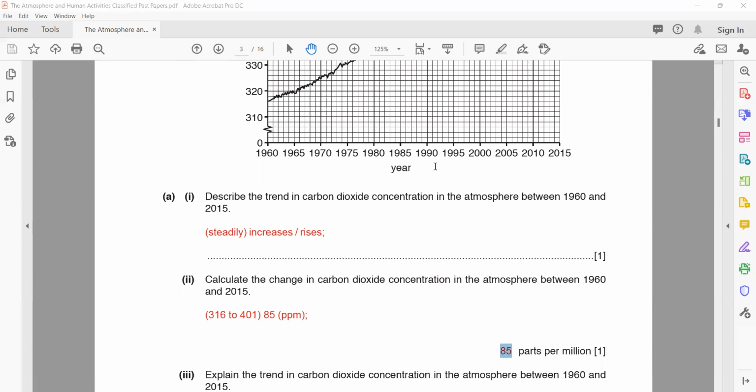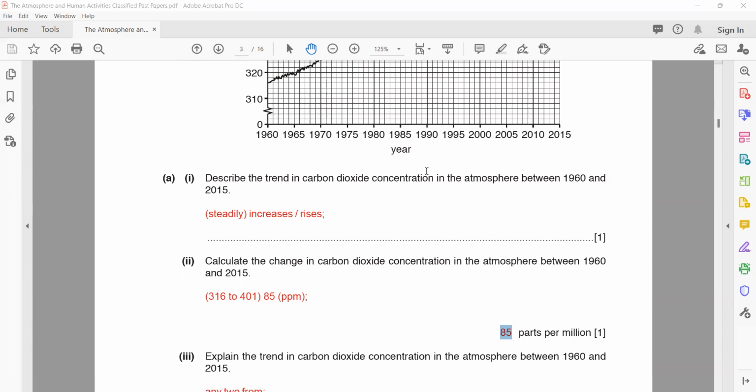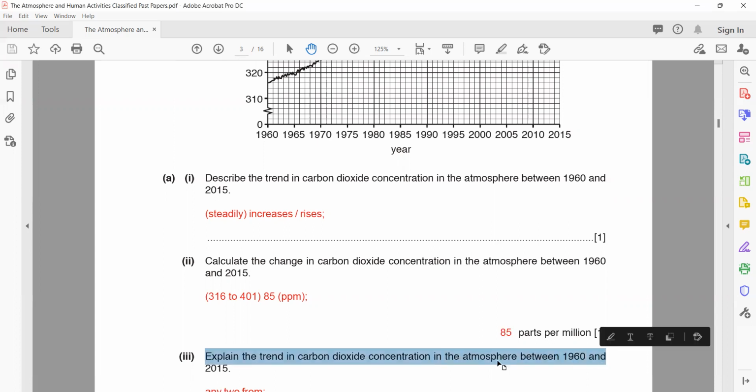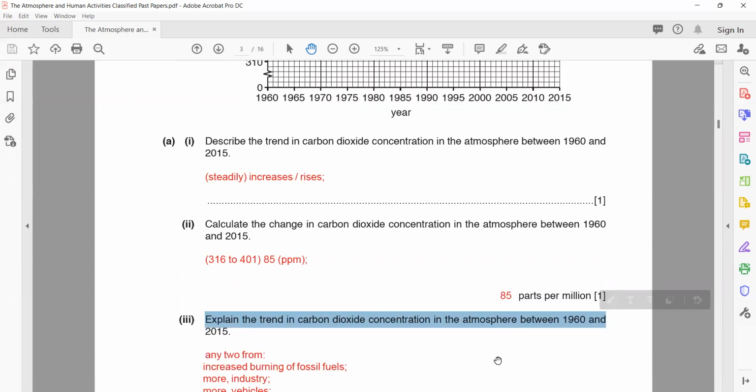Okay. After that, they're saying explain the trend in carbon dioxide concentration in the atmosphere between 1960. What is the trend? What is happening? So here, as we discussed, that increase. Why did it happen like this? Because of a lot of things.